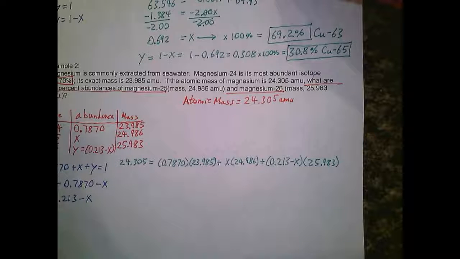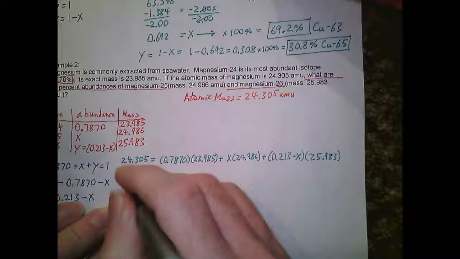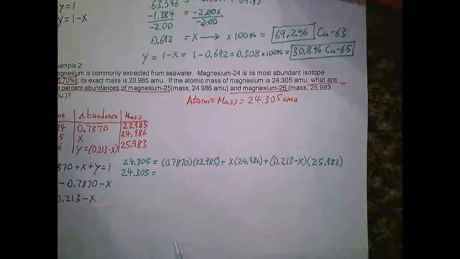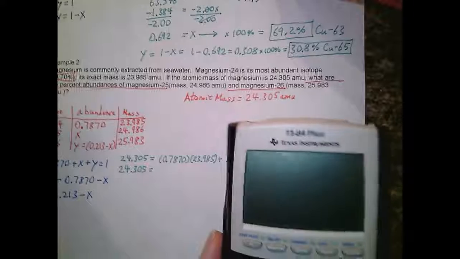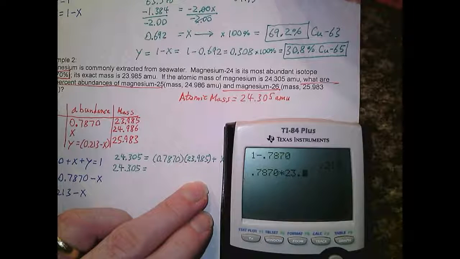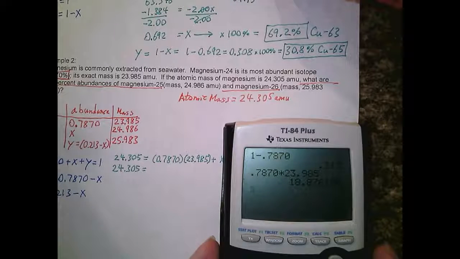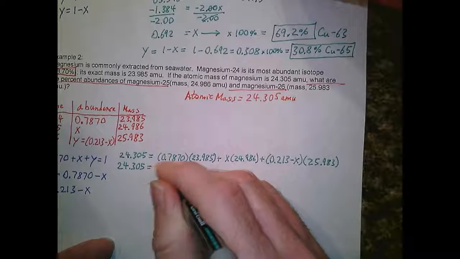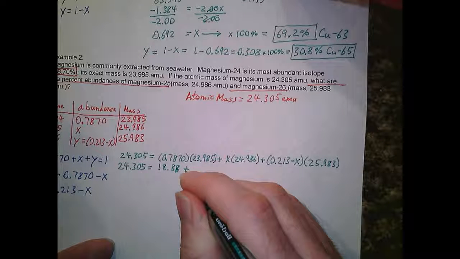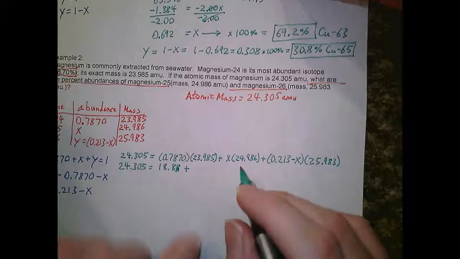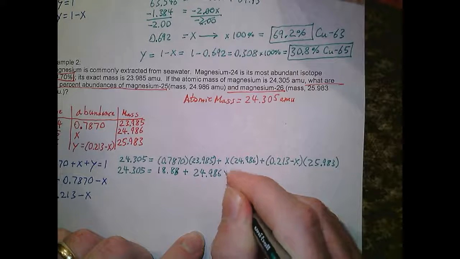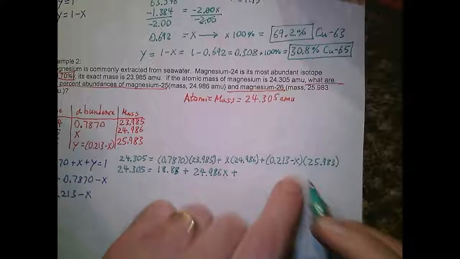Now we got some more numbers to deal with, but we're still going to solve this the same way we did above. We start by distributing. 0.7870 times 23.985, you get 18.88. So 18.88 plus 24.986x plus, now it gets to the ugly part.